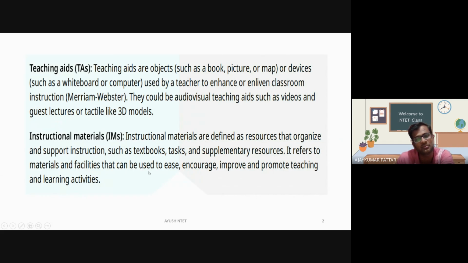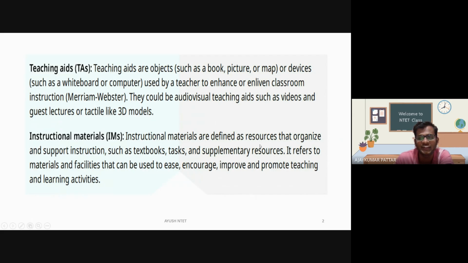So instructional materials are resources that support instruction. Here you can take instruction to mean teaching. We broadly use the terms instruction and teaching interchangeably, even though instruction is a one-way method. In general, we take it as instruction or teaching materials.